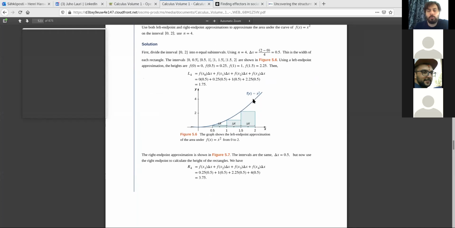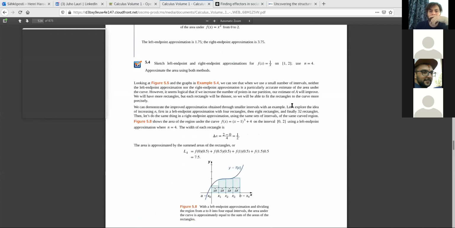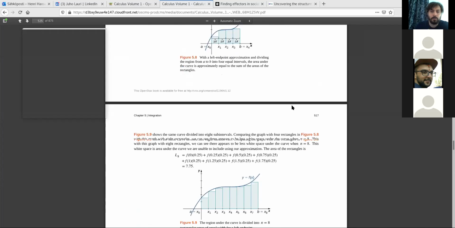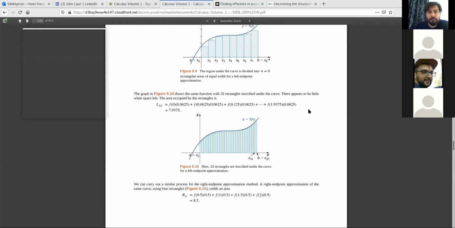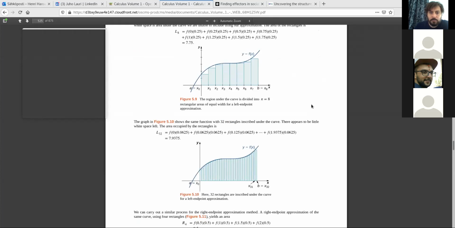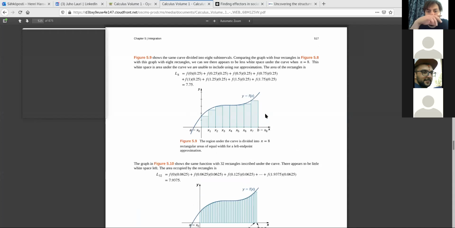Okay, so now we have two ways of approximating it, but what can we say about that? If we increase the number of rectangles, then we would expect the error to become smaller. And indeed it does.